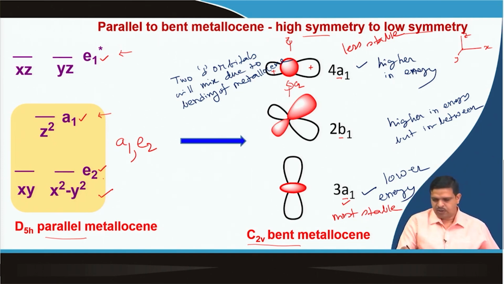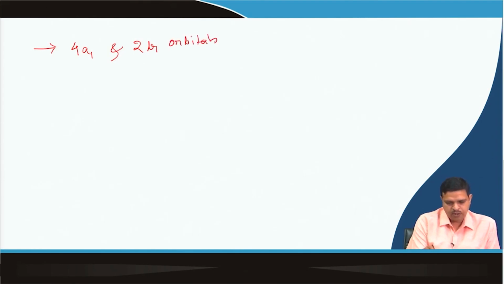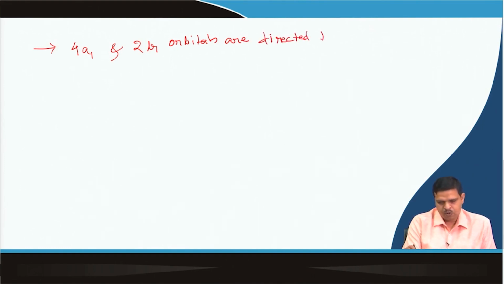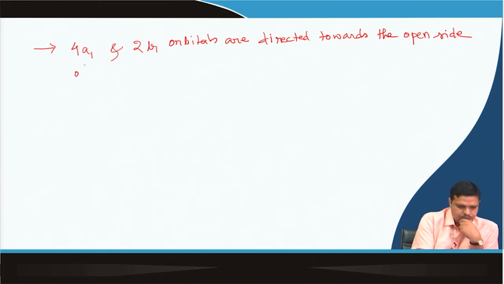If you see the lobes and if you consider this coordinate, then the 4A1 and 2B1 orbitals are directed towards the open side of the metallocene wedge.